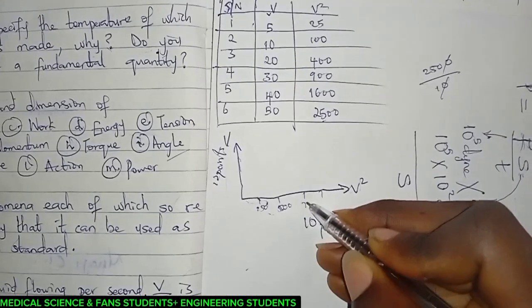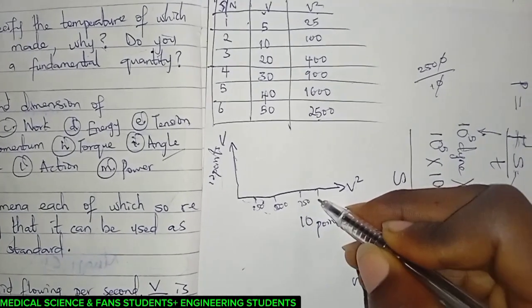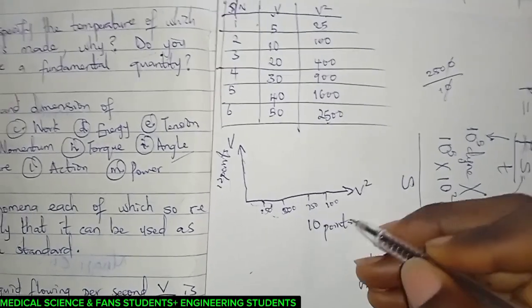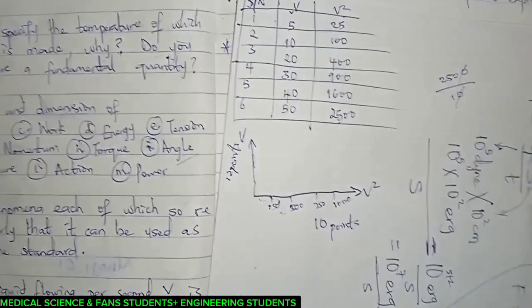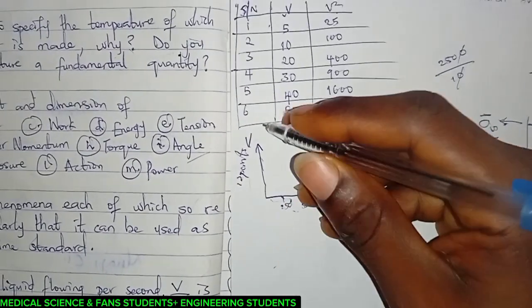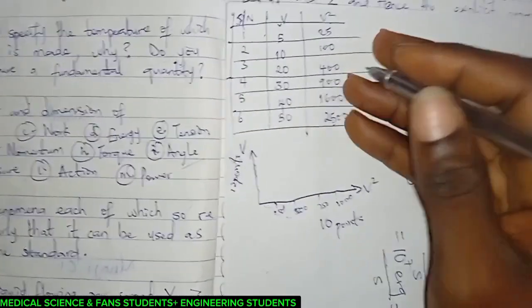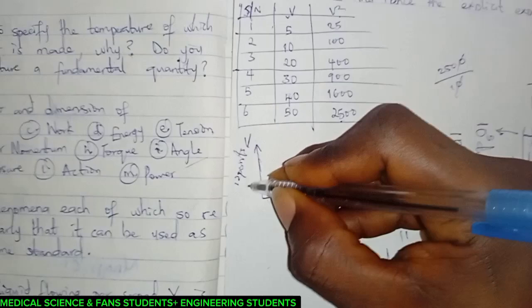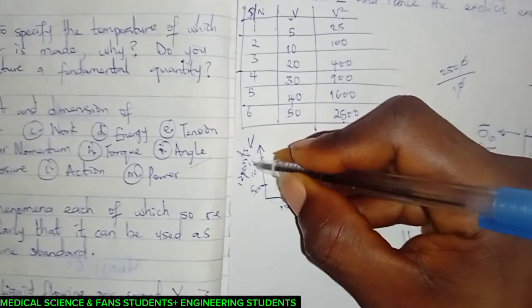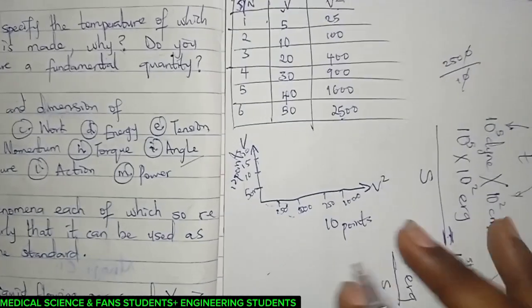It's 250, 500, 750, 1000, 1250, and so on. While on this side, if we divide by 12, it will give us 4 point something, but I want you to use each 5 centimeters, so 5, 10, 15, 20 and thereabouts.